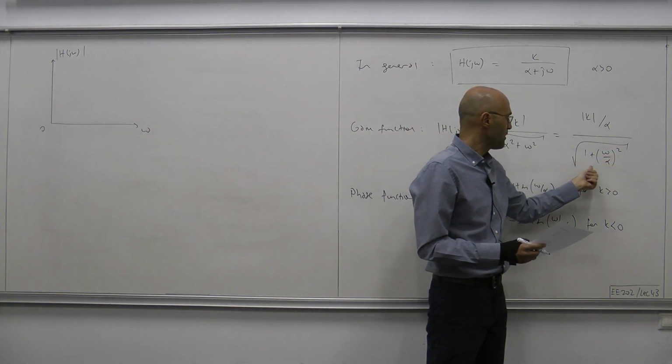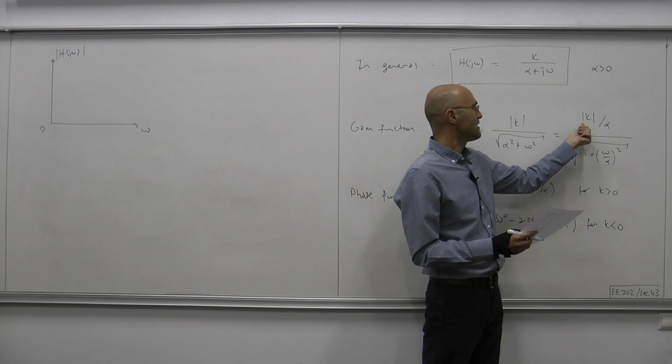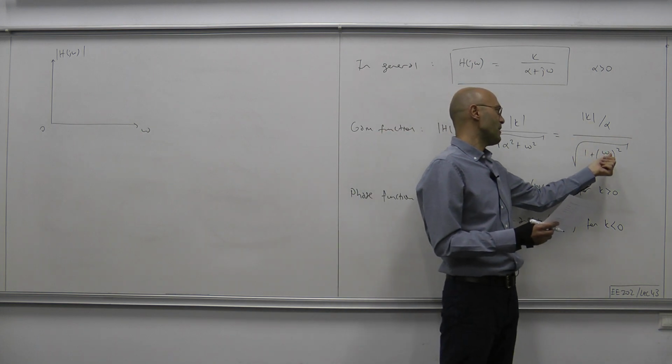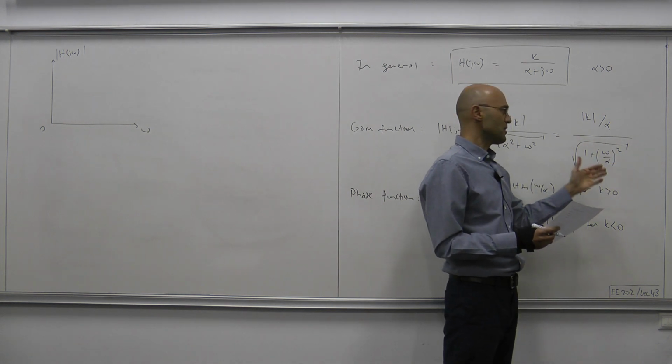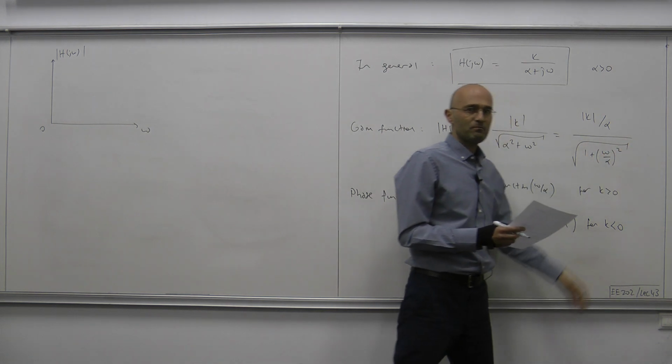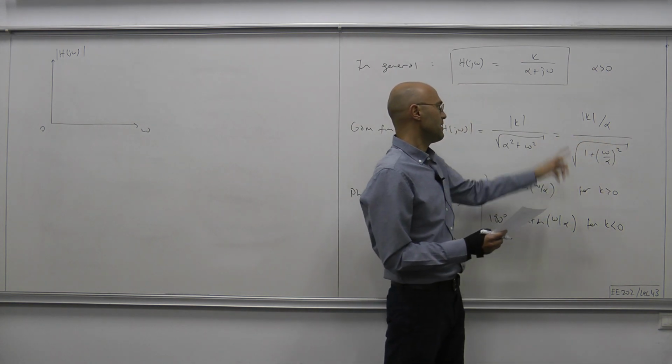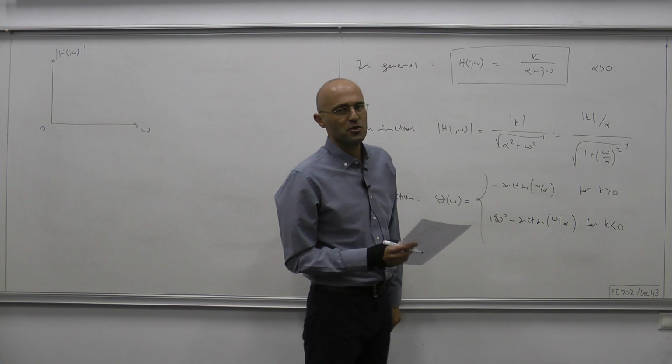When ω equals 0, this thing is 1, denominator is 1, and the gain is magnitude of K divided by α. And then as you increase ω, denominator becomes larger and larger, and as ω goes to infinity, the denominator tends to infinity, then the whole thing tends to 0.